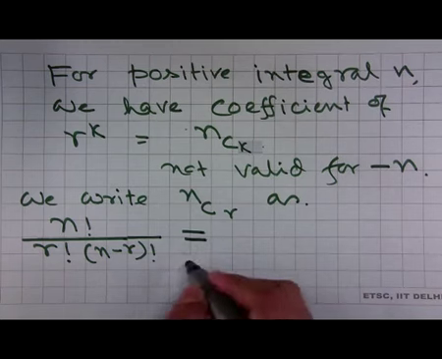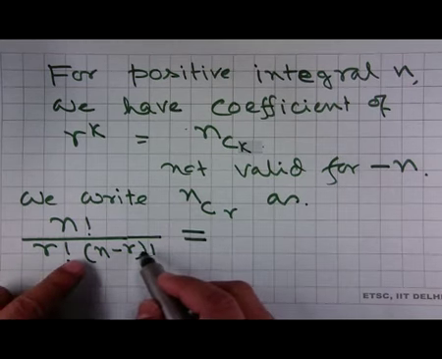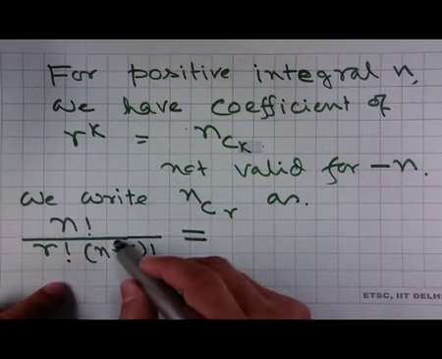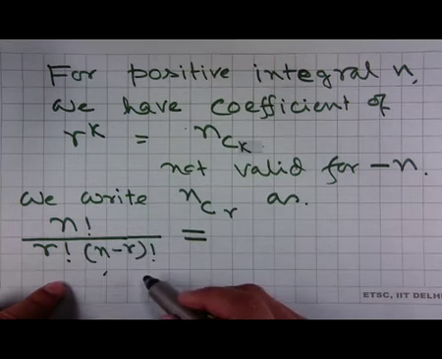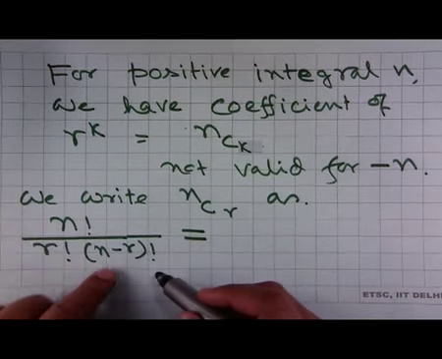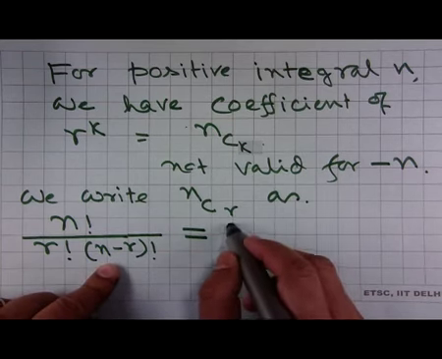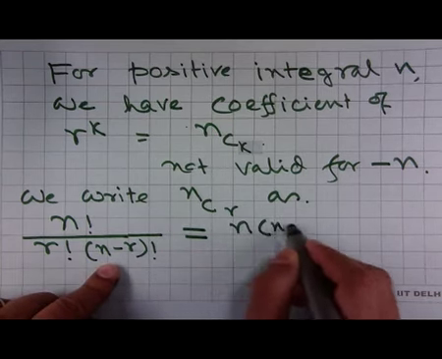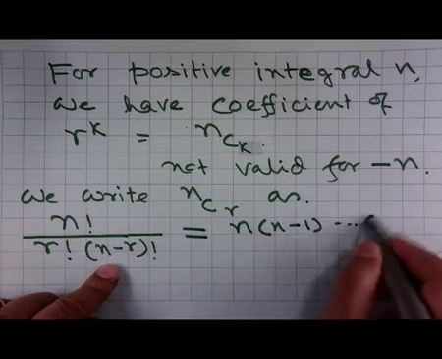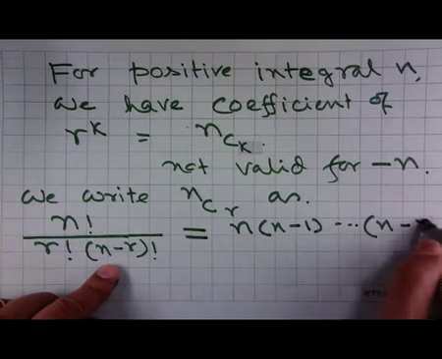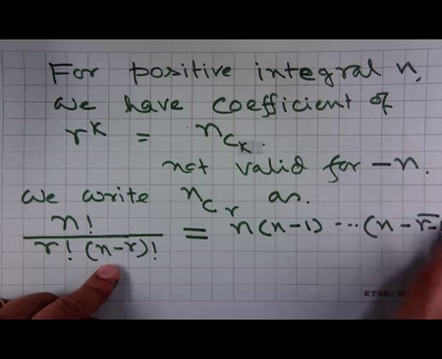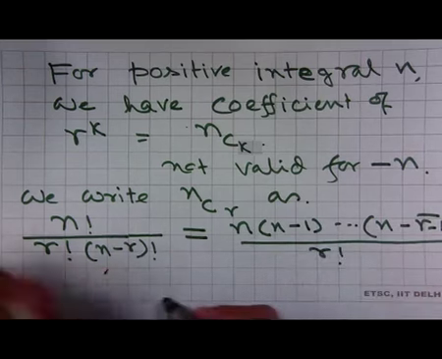We can now cancel few terms from n factorial and n minus r factorial. So, what we get is n into n minus 1 up to n minus r plus 1 divided by r factorial.